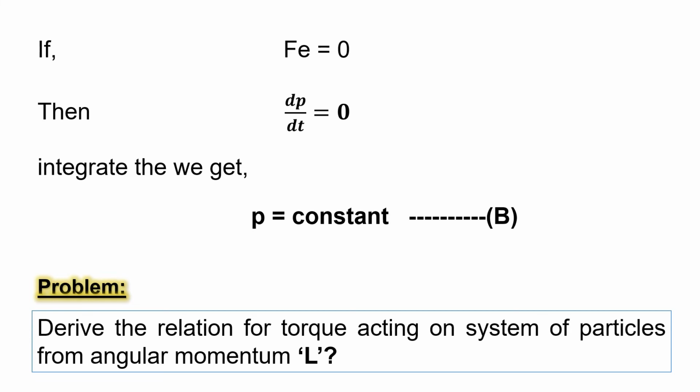Now taking an example problem, derive the relation for torque acting on the system of particles from angular momentum capital L. Here we are going to calculate the torque for the system of particles where the angular momentum is capital L. We have discussed in the previous lecture that torque is equal to the rate of change of angular momentum. So it means that if torque for a single particle is equal to dL over dt, then the same should be implemented on the system of particles.